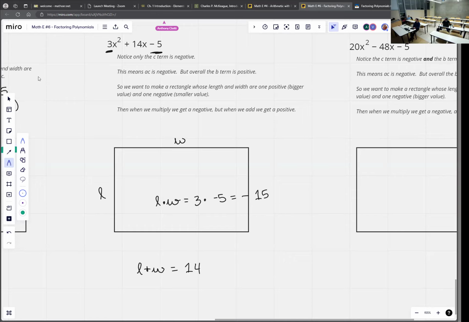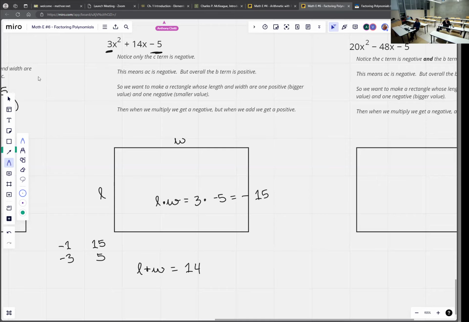So what multiplies to get -15? You could have -1 and 15. You could have -3 and 5. Oh, but wait. Do you see it? -3 and 5 add up to 2.